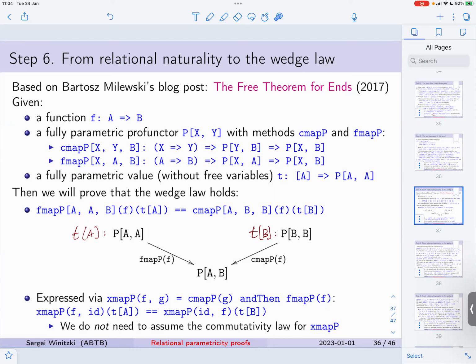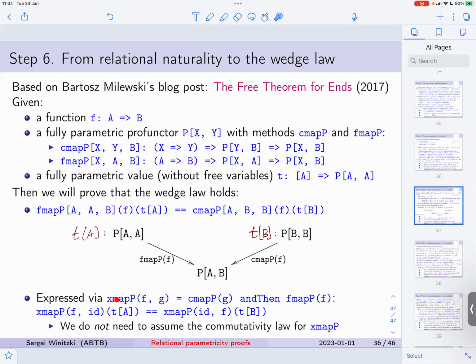The cross-map function is a composition of cmap and fmap, so that the cross-map function has two functions, and at the same time, it can map both type parameters of a profunctor. So first it maps the contravariant type parameter, and then it maps the covariant type parameter.